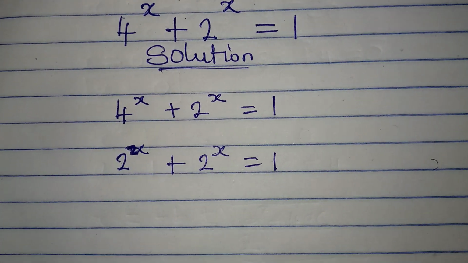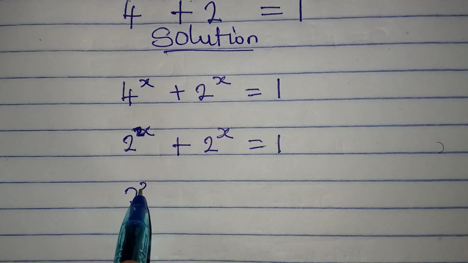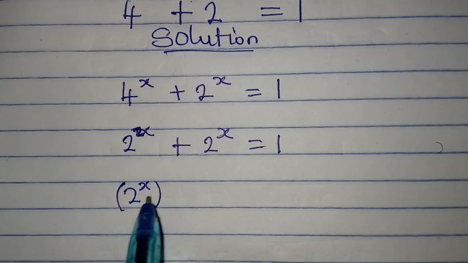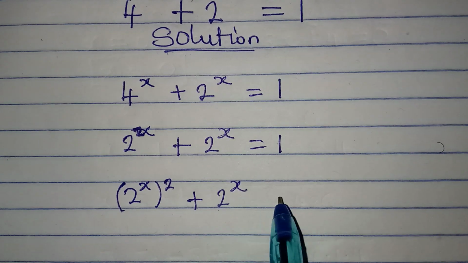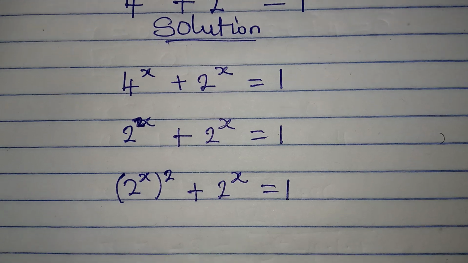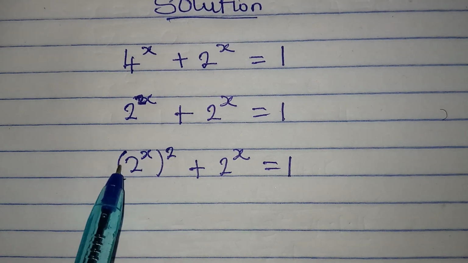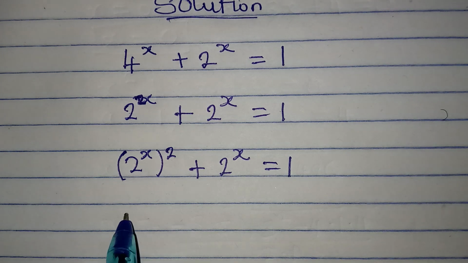Now, the next thing to be done is to arrange this so that I will have 2 to the power of x, squared, plus 2 to the power of x equals 1. From here, let's replace 2 to the power of x with a letter.